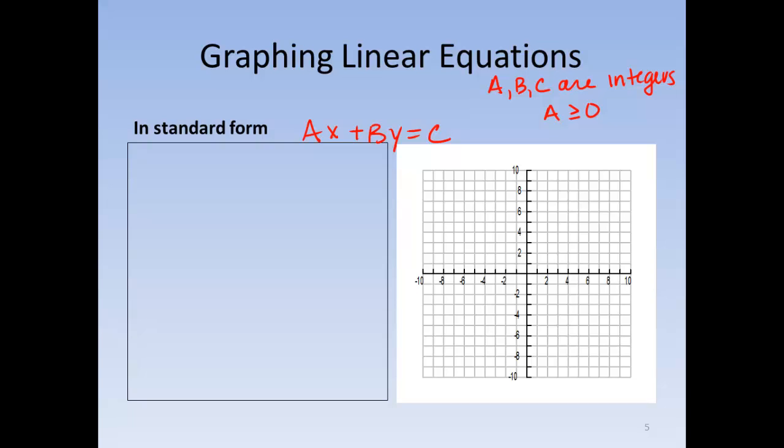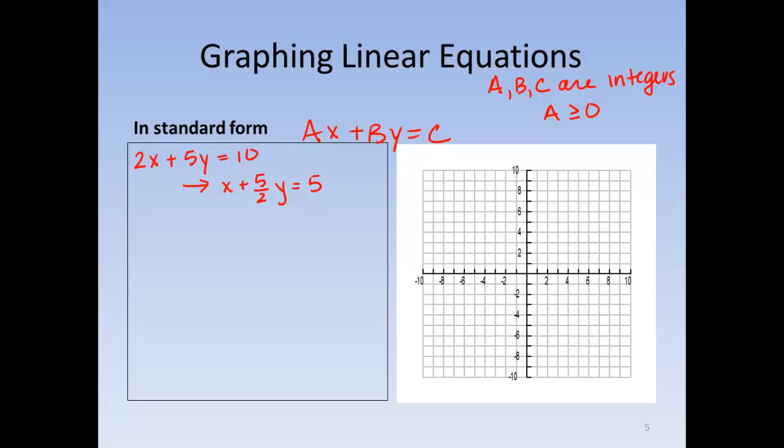So on a side note, I'd like to say that if we have an equation in standard form, and this is the standard linear form, this is exactly the same line, 2x plus 5y equals 10, as x plus 5 halves y equals 5.